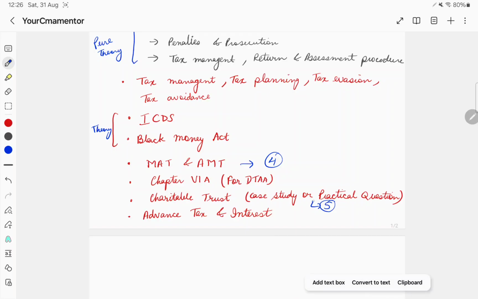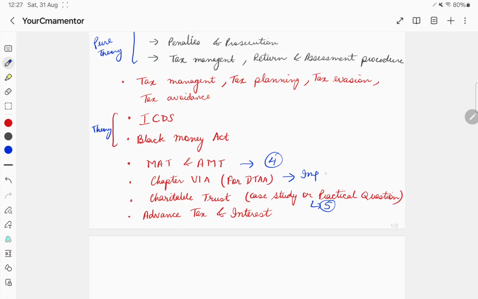Once you read it for the first time, maybe you won't understand everything from this chapter, but with the second read it is an easygoing chapter. For chapter 6A, the DTAA chapter, this chapter is important. There are a few sections which I will list and post on my Telegram channel.